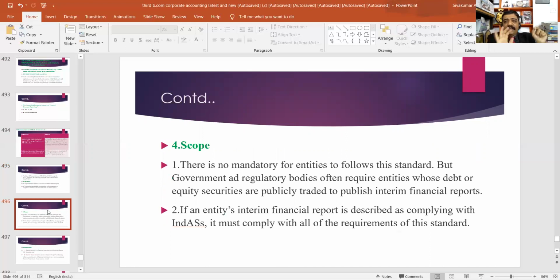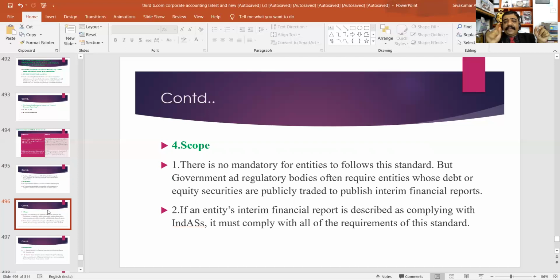Then, scope. It is not mandatory for entities to follow this standard, but government and regulatory bodies like SEBI and the Ministry of Corporate Affairs often require entities whose debt or equity securities are publicly traded to publish an interim financial report. Even though it is not mandatory for entities to publish an interim financial report, some regulatory bodies of India have directed certain entities to publish one.